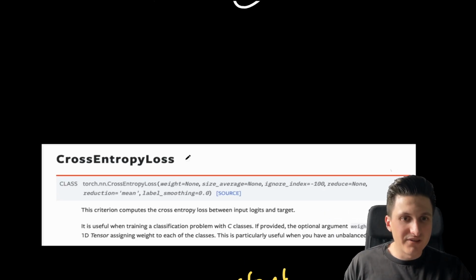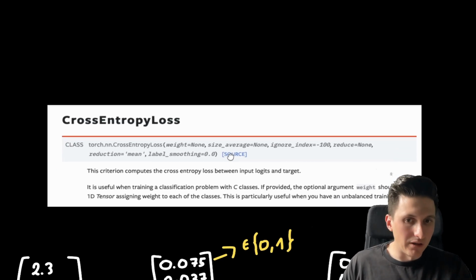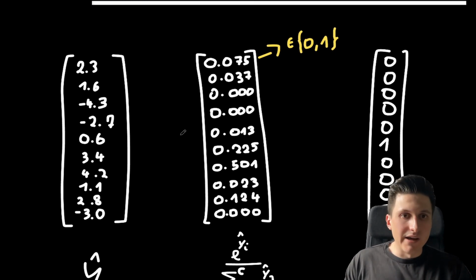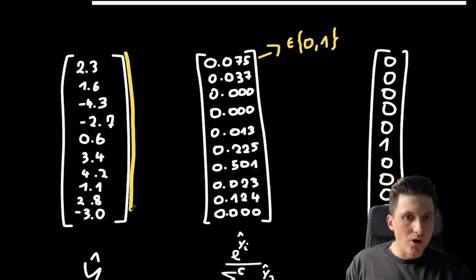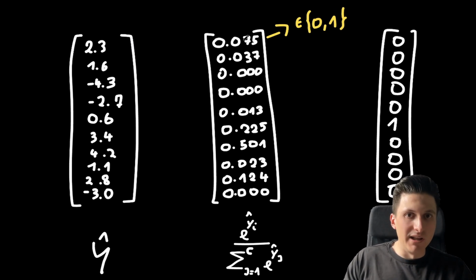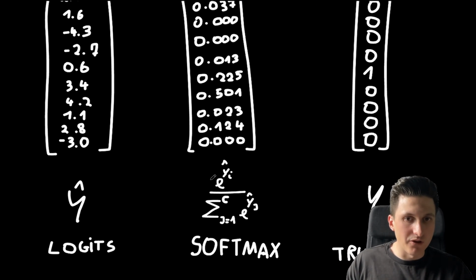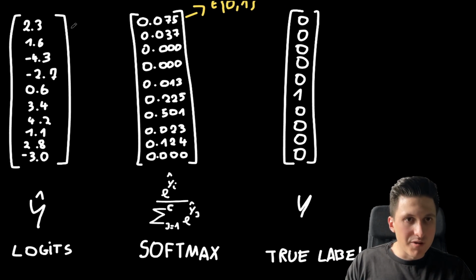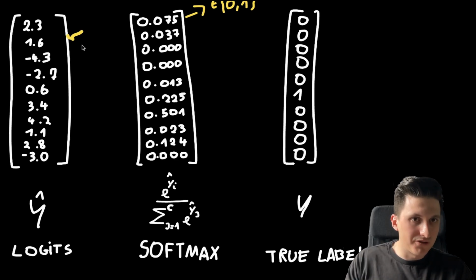And for a multi-class classification task, you use the cross-entropy loss. And the way this cross-entropy loss works is you first off turn your raw model outputs, which are also called logits, into probabilities by applying the softmax function. And the softmax function, basically at the number at every position, takes the exponential of that, and then divides it by the sum of the exponential of all the other numbers, including the number itself in the tensor.